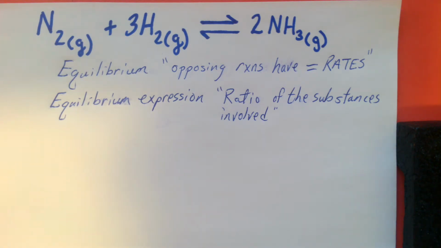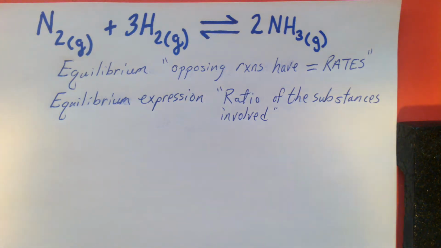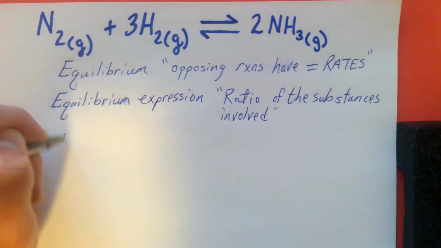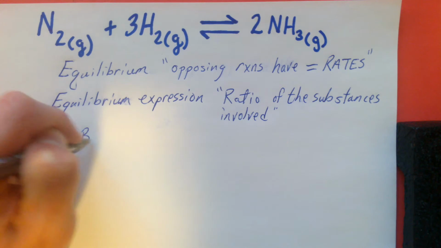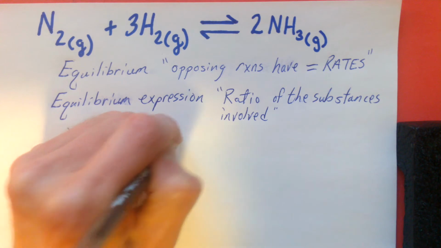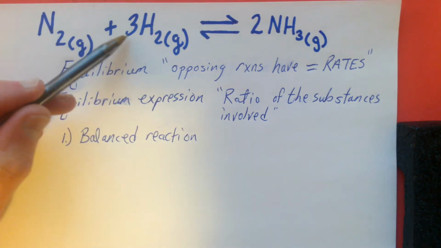And I keep saying that word concentration because it is a concentration value, not grams, not moles. We can flip from concentration into moles and grams really easily, no trouble at all, using some simple stoichiometry conversions. So for an equilibrium expression, the first thing that's most important for you to remember is that you have a balanced reaction. Let's make sure that our coefficients have been put into place.